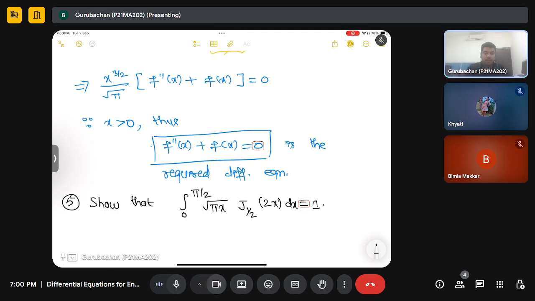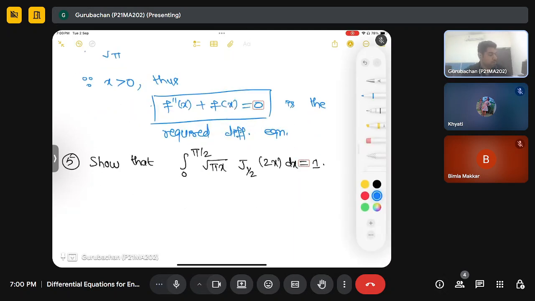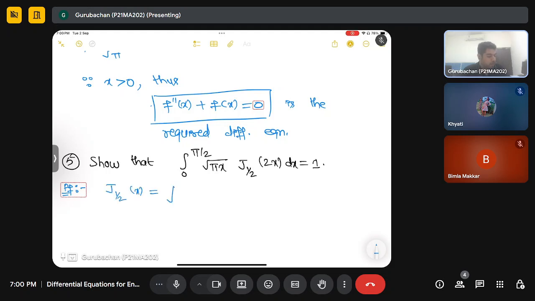So let us start solving this one, or you can say proving this one, since we want to show it. Prove. We know that J half of x is under root 2 by pi x sine x.